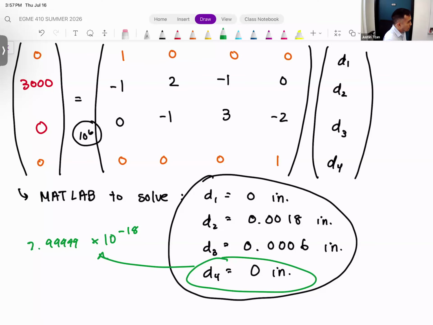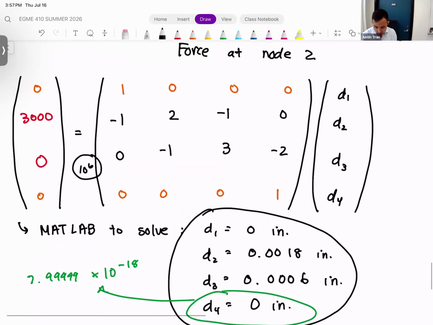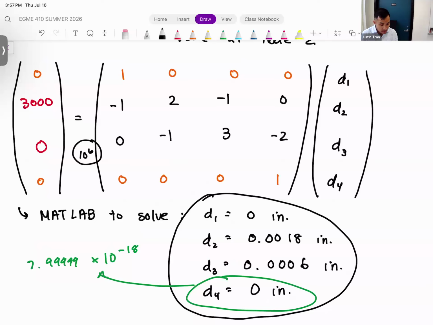It may look like a very large number, but if you look at the scientific notation, this is 10 to the minus 18 power, which is essentially 0. So if you see something like that, really look at the exponent. It happens sometimes when you solve linear systems numerically; there are just some rounding errors. Make sure you check the exponent, because most of the time it's going to be close to 0. But yeah, that's the problem.